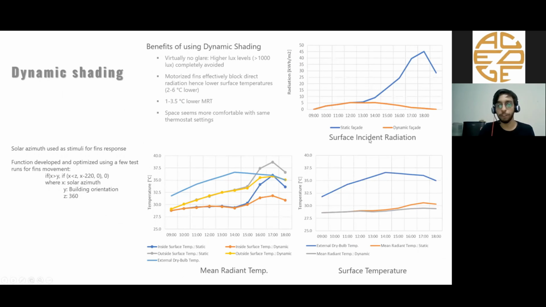Like you can see surface radiation. For the static facade, it was this. For the dynamic facade, we have much lower values. So the kind of problem that we have in selecting our glass can be circumvented with this dynamic shading.